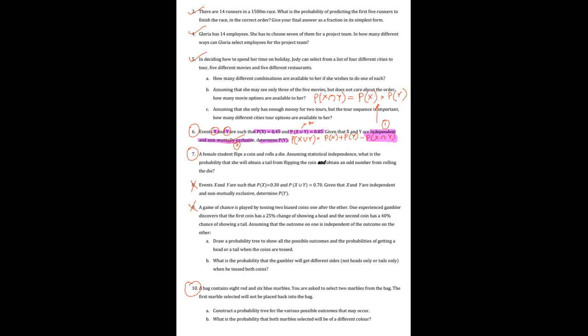So basically what you're now going to do is substitute: in place of the probability of X and Y in this formula, we're going to replace it with what it actually represents, which is the probability of X times the probability of Y.